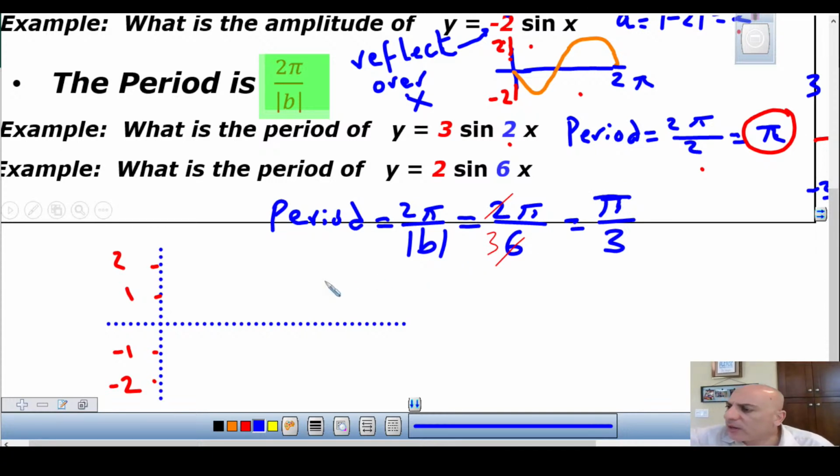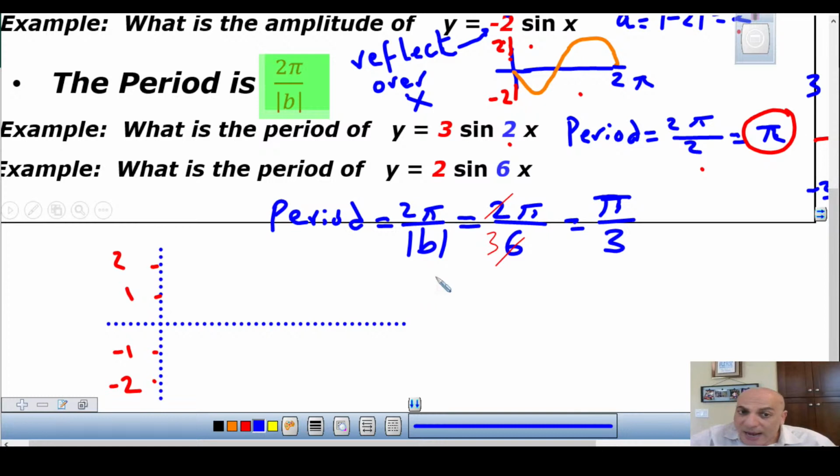How much is pi over 3, guys, in the comments? Can you comment and tell me how much pi over 3 is? Come on, you know that. Pi over 3. So this means this child starts and finishes the wave in pi over 3. Oh my gosh. It's like 6 times as fast as the parent.